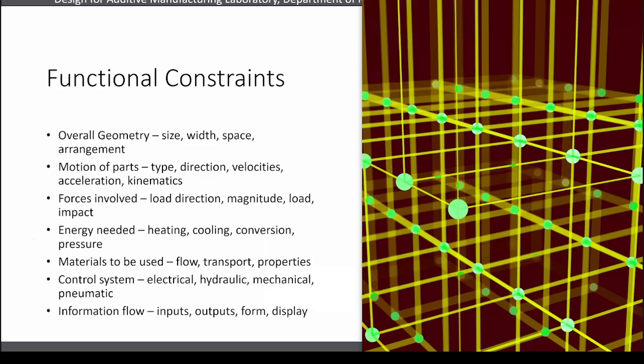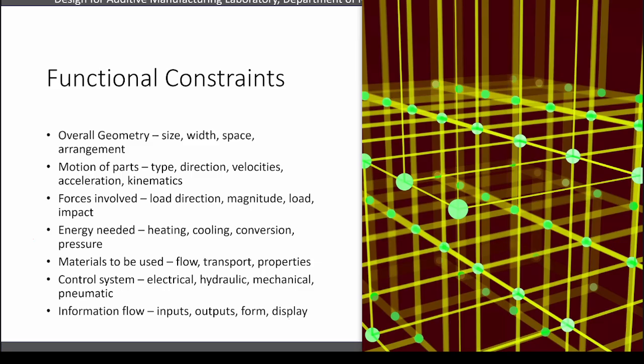If you look at functional constraints, for example, overall size, width, space arrangements, free moving parts, velocities, acceleration, kinematics between the parts, sometimes the forces involved, what type of energy is needed, like heating, cooling, conversions, how materials are to be transported, properties of the materials, and what kind of control system you are using: electrical, hydraulic, mechanical, pneumatic, and also information flow like displays and outputs. There are a lot of functional constraints on the product. 3D printing can combine many of these functions together, like motion and forces.